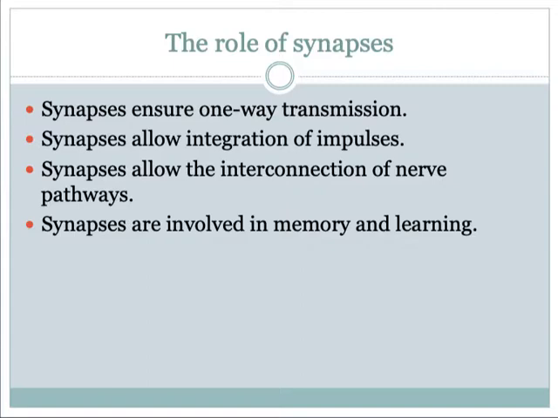And also, synapses are involved in memory and learning. Despite much research, little is still known about how memory operates, but there is evidence that it involves synapses. So for example, if your brain frequently receives information about two things at the same time, like the sound of a voice and the sight of that particular face, then it is thought that new synapses form in your brain that link the two, passing that information along the particular pathway from your ears and your eyes.